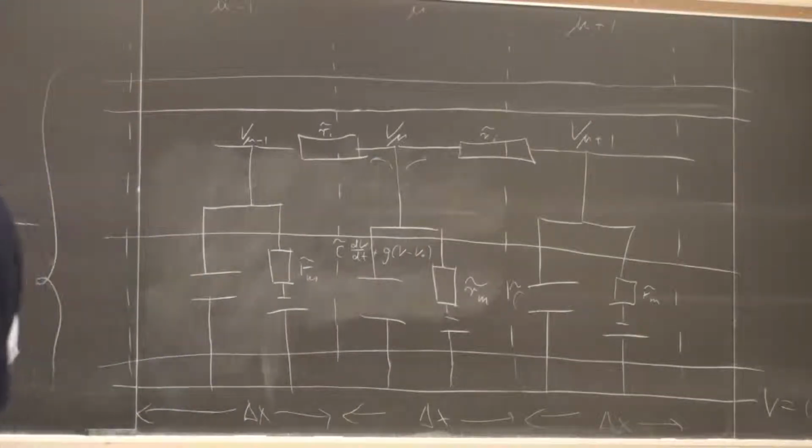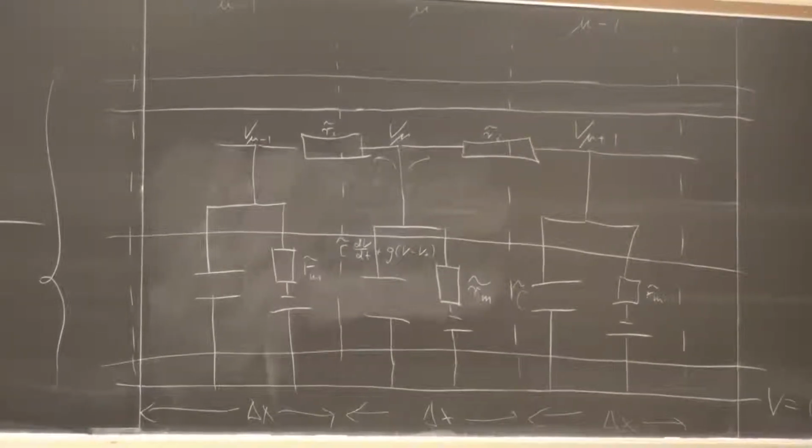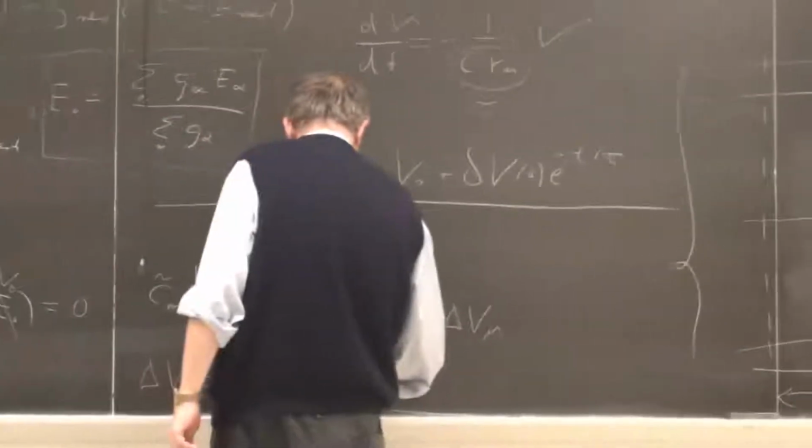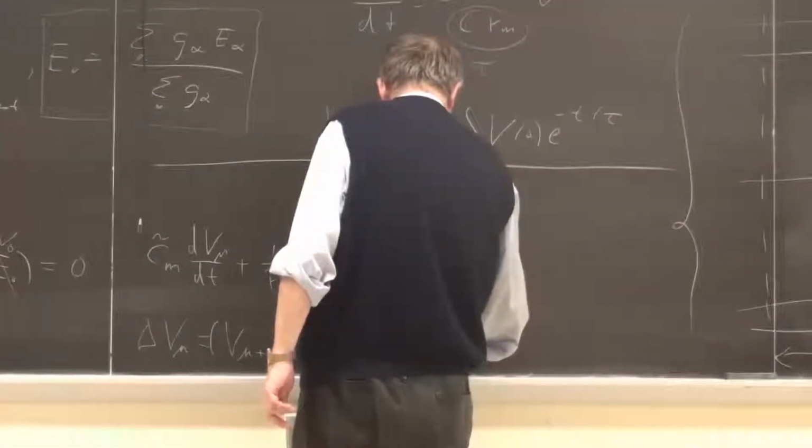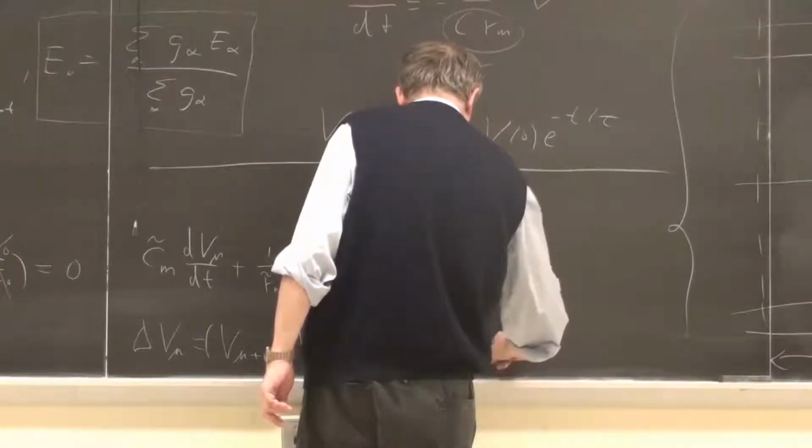So I'm getting here 1 over Ri times, I call it, delta V mu. And delta V mu is V mu plus 1 minus V mu, minus V mu minus V mu minus 1.